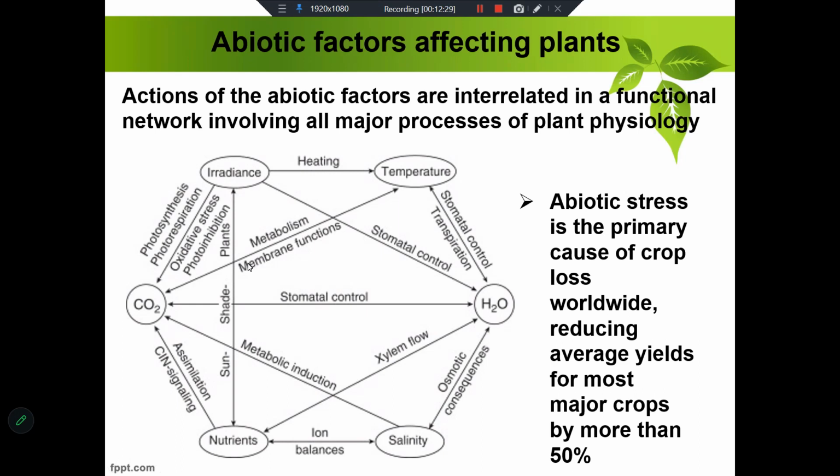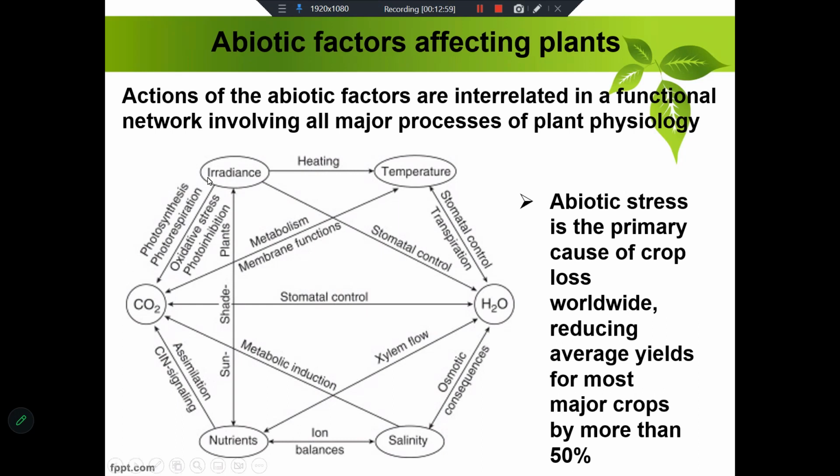Let's take one example, photosynthesis. Even though it is a biochemical reaction, there are certain abiotic factors which can determine the rate, or whether the photosynthesis will take place or not. For example, irradiance, that is the light level, and the carbon dioxide concentration, that is also an abiotic factor.